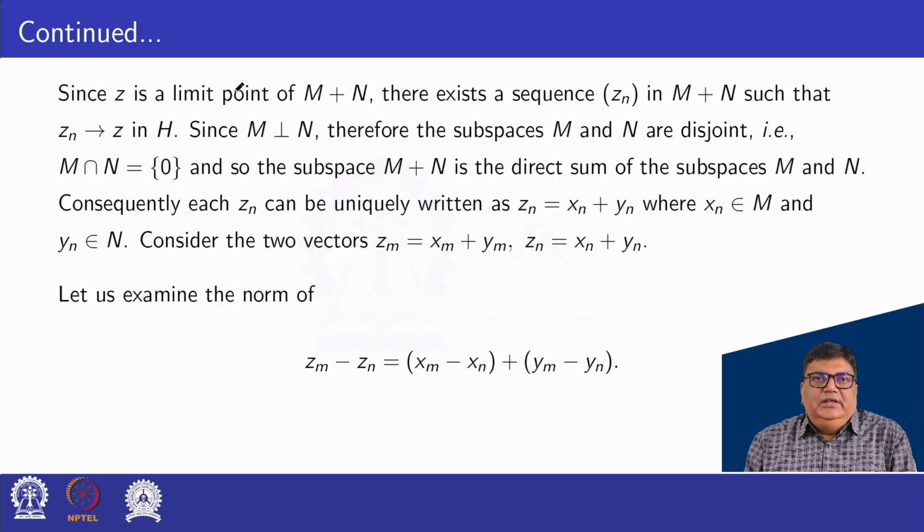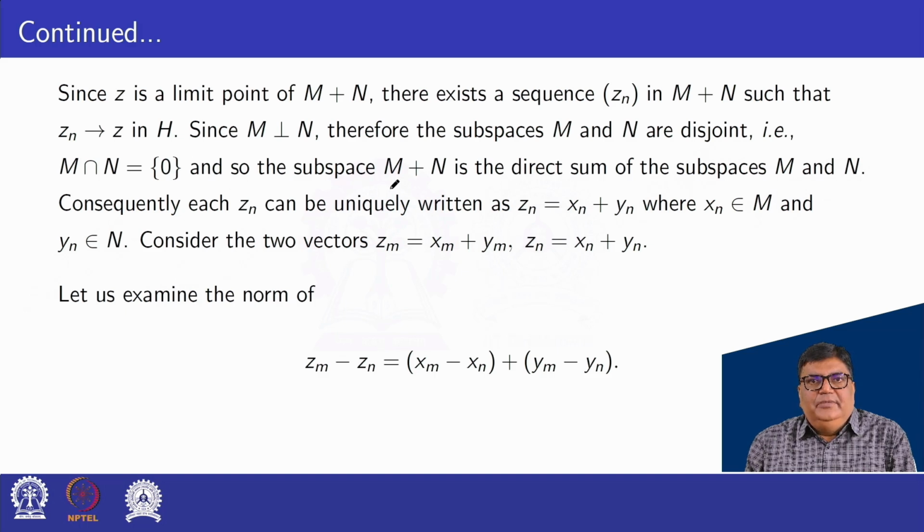Since Z is a limit point of M plus N, there exists a sequence Zn in M plus N such that Zn converges to Z in H. Since M is perpendicular to N, the subspaces M and N are disjoint, that is, M intersection N equals the singleton set {0}.